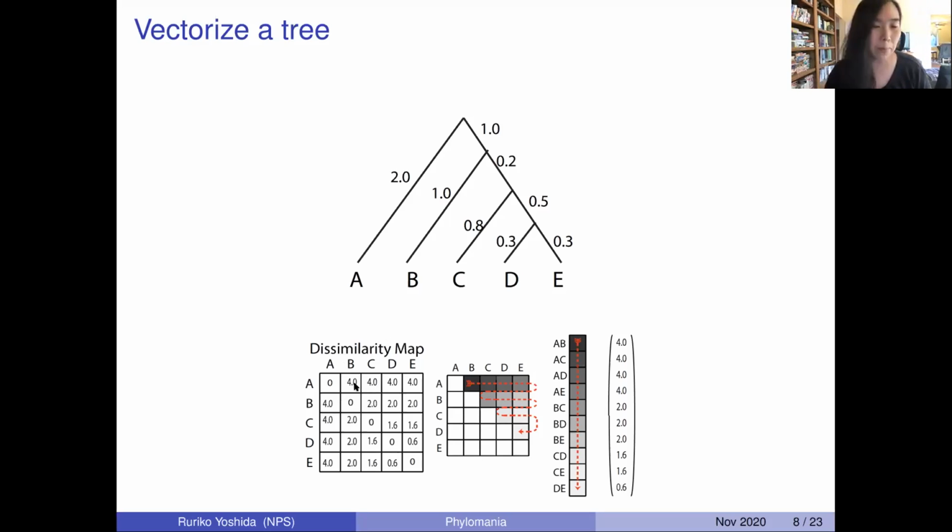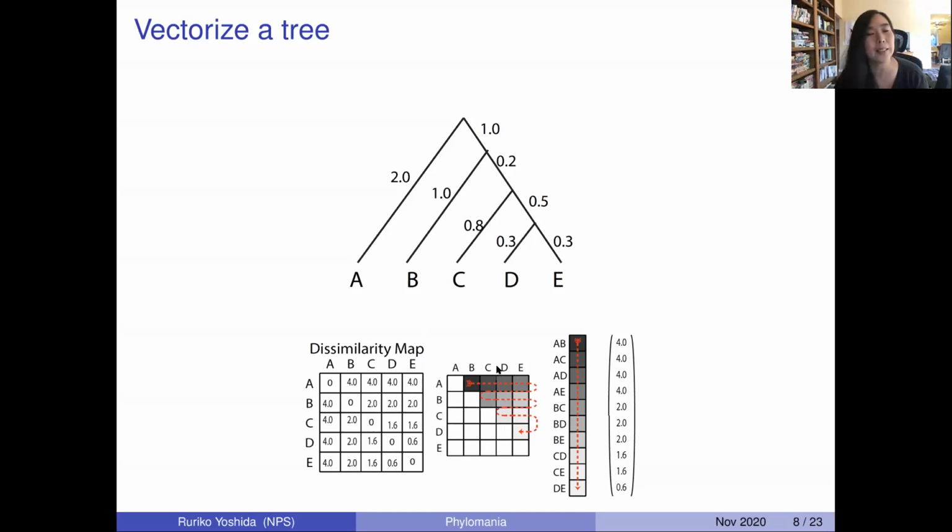For example, the AB element here is 4, since from leaf A to leaf B it's 2 plus 1 plus 1, equal to 4. And the BC coordinate is 2, since from B to C it's 1 plus 0.2 plus 0.8, equal to 2. The diagonals are all zeros, and the matrix is symmetric.